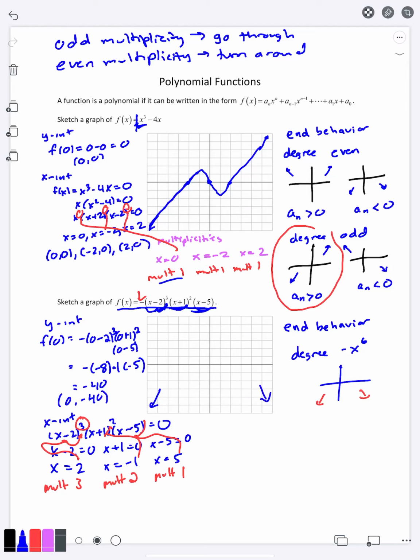I have my y-intercept of 0, negative 40. Now notice I absolutely did not count down 40 hash marks there. I just put a dot and label it. So we're not really worrying about the scale of our graph right now. And then we have x-intercepts over here at 2 and negative 1 and 5.